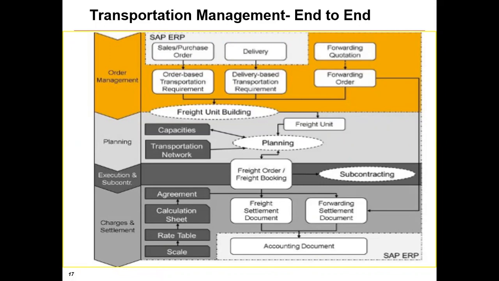The transportation planning phase basically has three components: freight unit, capacities, and transportation network.